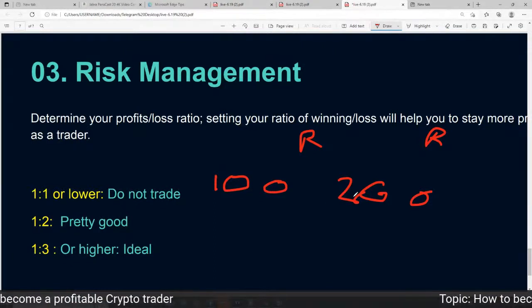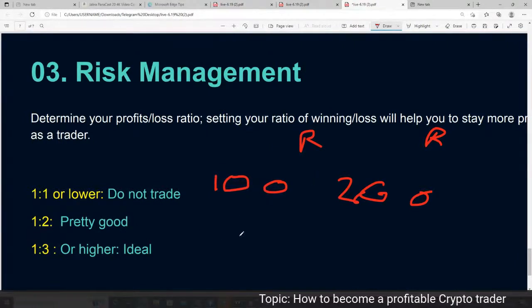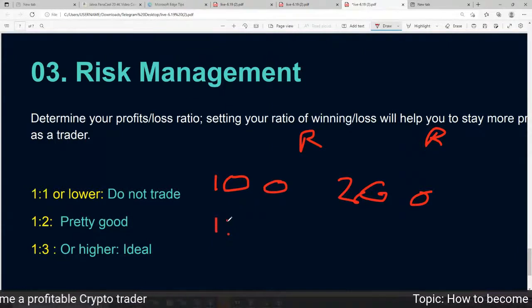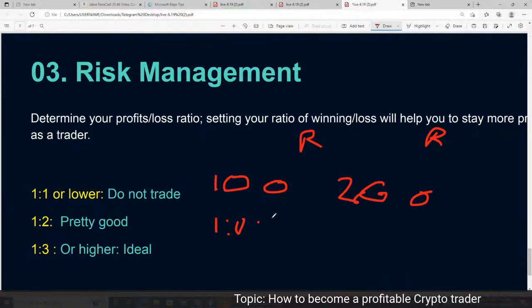Pretty good. But do not say you want to risk one to one or lower, maybe one to 0.5. This is not that good. You are risking more in order to gain less.